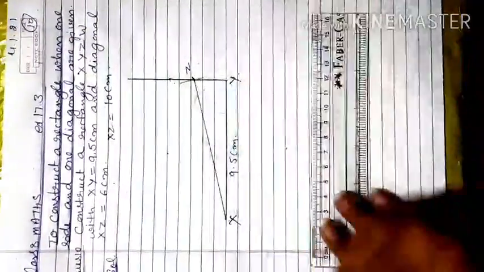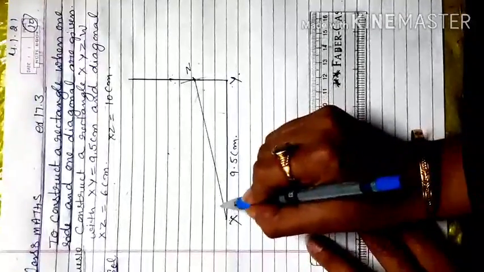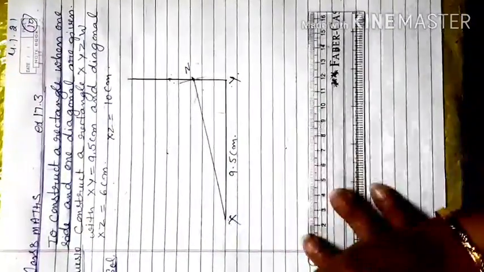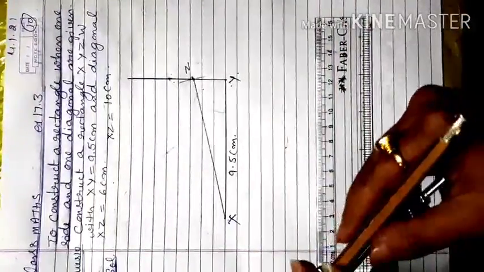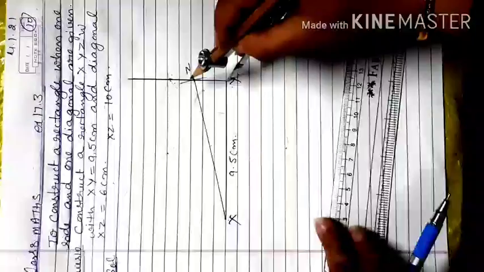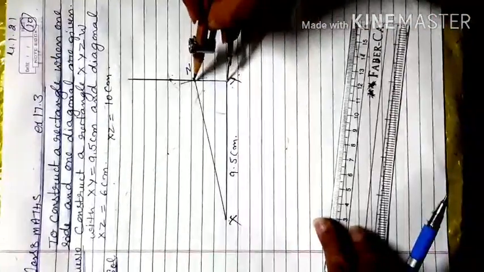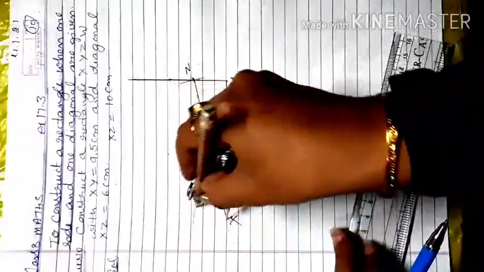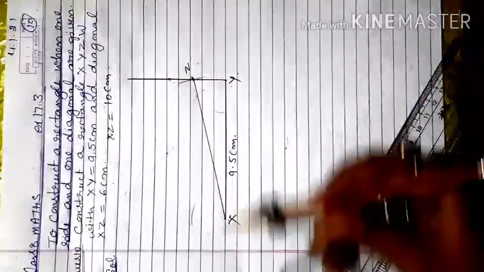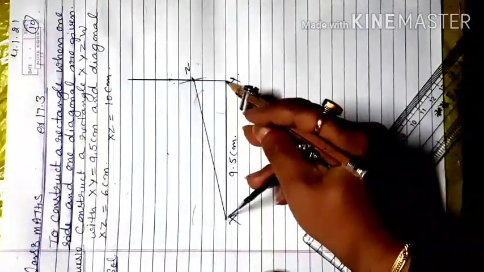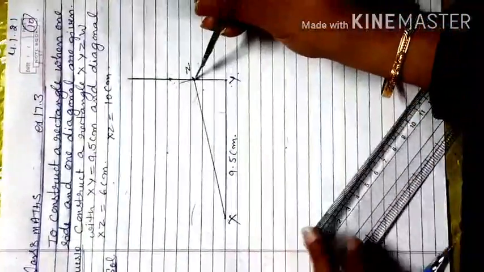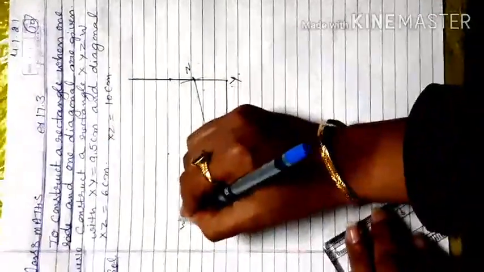Now I have to complete the figure. Here also will be yz. To complete the rectangle, I will measure yz from the compass and mark an arc at the same distance as yz, and here the same distance as xy. Cutting this arc, that will be my next point, w.